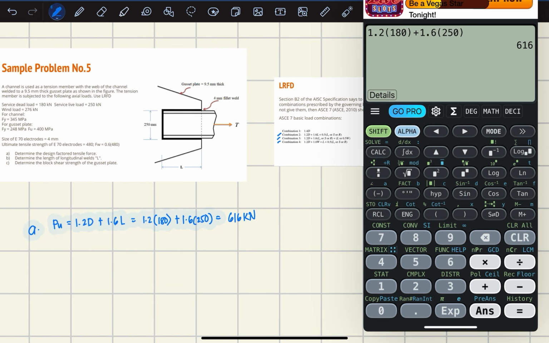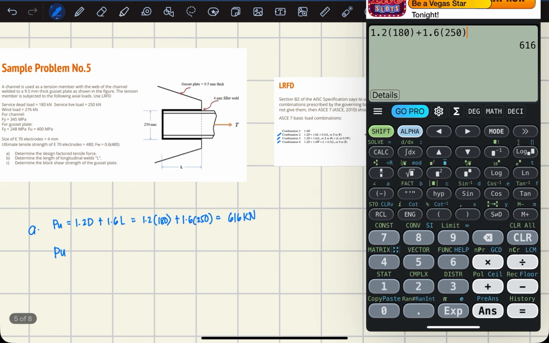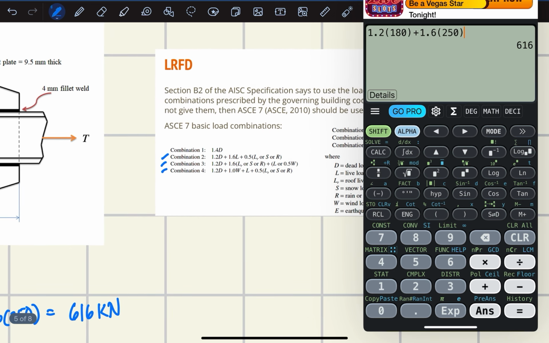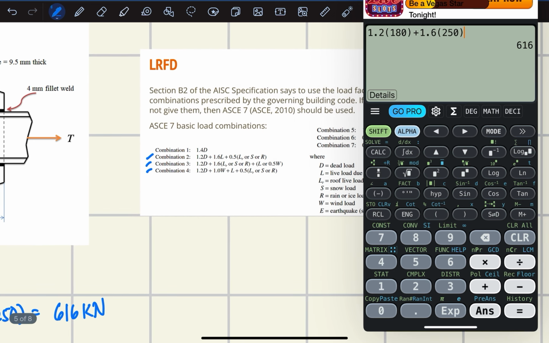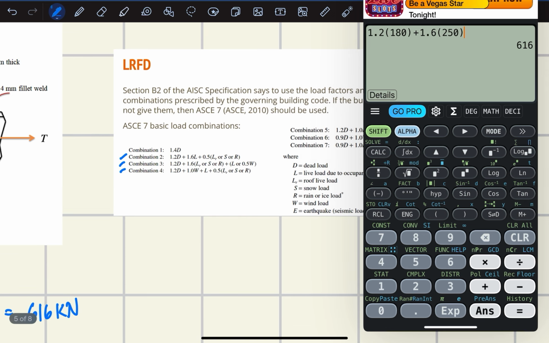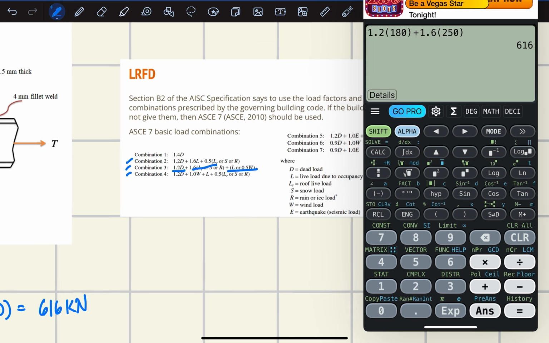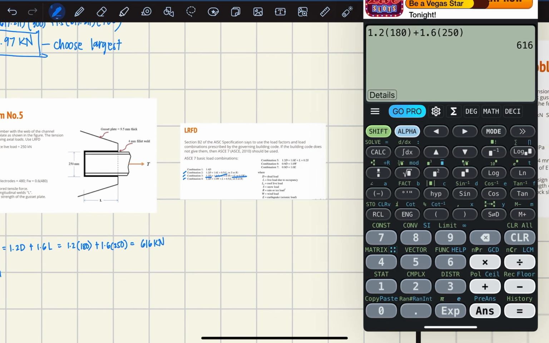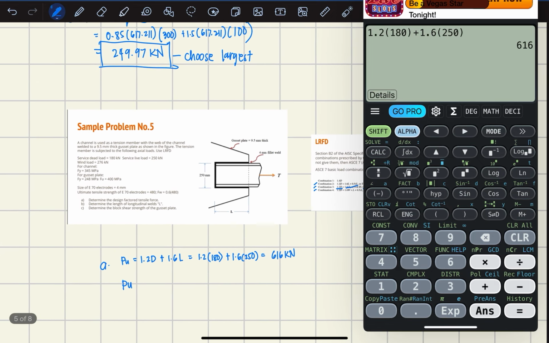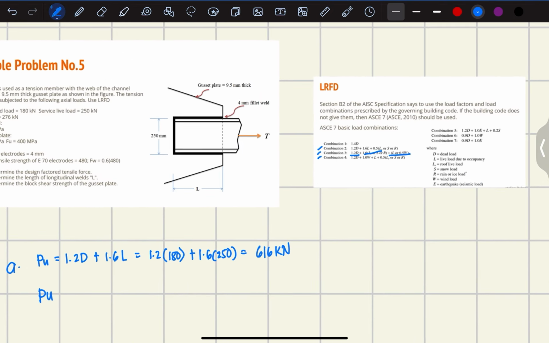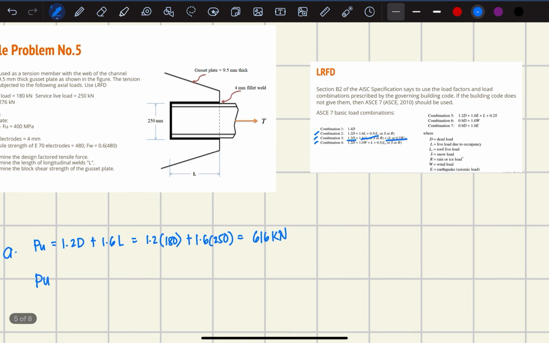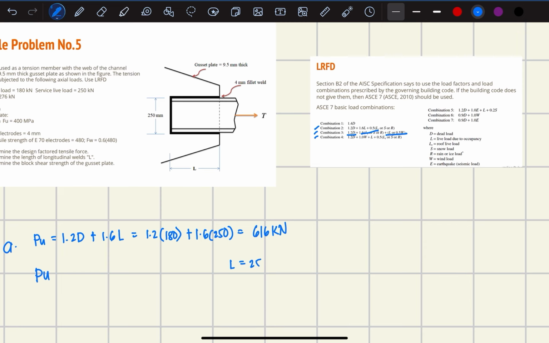So, isa pang combination is yung 3. Pero take note, meron kang makikita na 1.6 roof live load, snow or rain. Ito, maneneglect natin to sa computation. Yung kailangan is yung 1.2 D at saka itong L or 0.5 W. Pipiliin nyo dyan sa dalawa yung makakapagbigay ng larger value. Yung live load dito is 250.